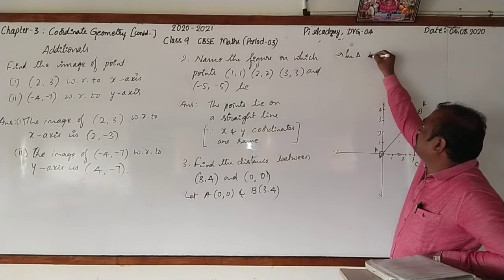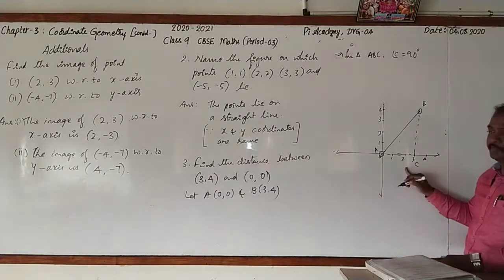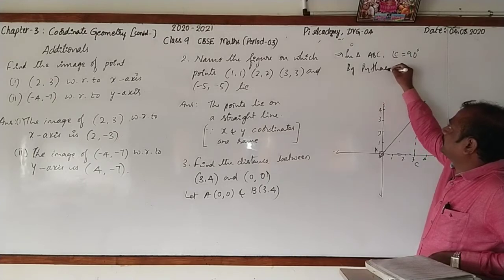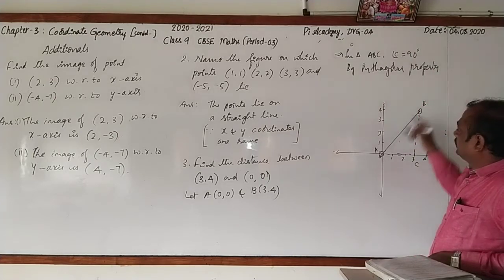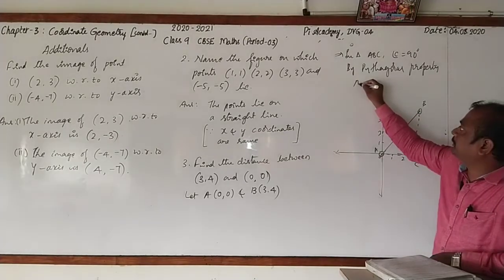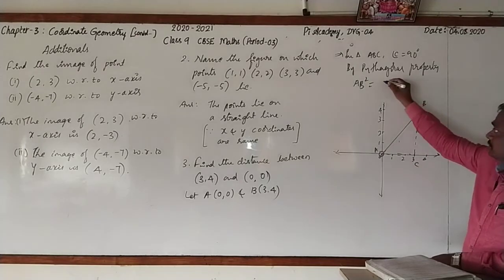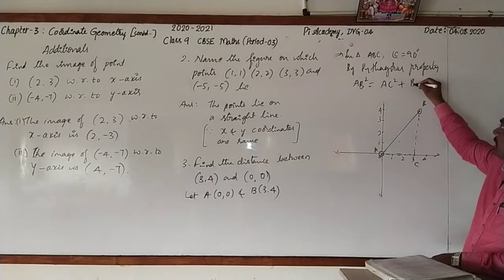In triangle ABC, angle C is 90 degrees. By Pythagoras property, you can write the square of the hypotenuse, that is AB square, is equal to the sum of squares of the other two sides, AC square and BC square.